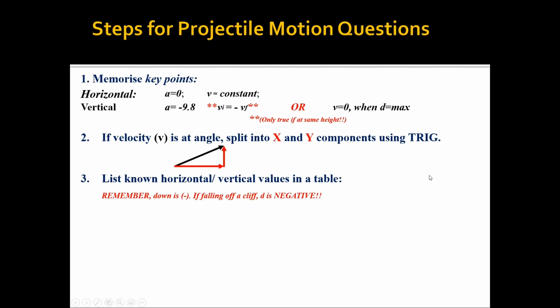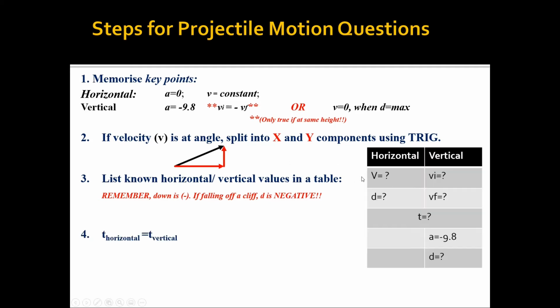Once we've done this, we can list all of our known horizontal and vertical values into a table. Remember that for horizontal we only need to find v, d, and t, whereas in the vertical we always know that the acceleration is negative 9.8 meters per second squared, but we need to include both an initial velocity and a final velocity.